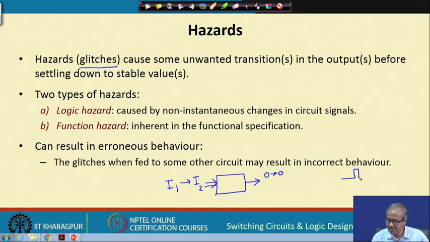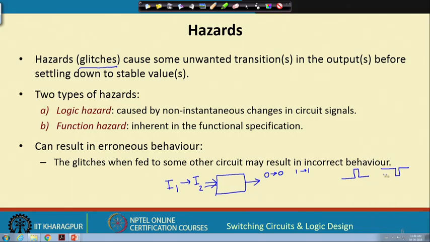This is a temporary state before stabilizing to 0. Or if it is 1 to 1, it remains 1, but it may be temporarily going to 0 like this. This is what is called a glitch, and whatever I mentioned here is sometimes also referred to as static hazard.